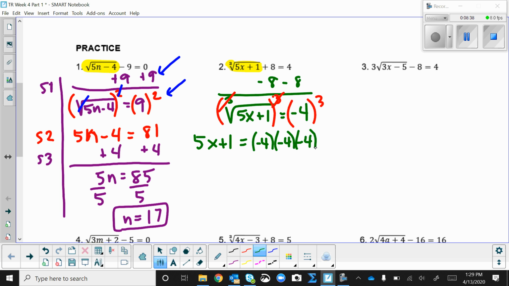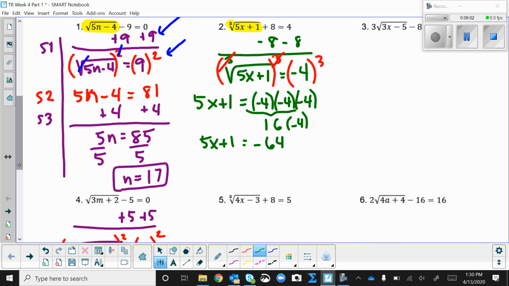Well, if you're following your order of operations, you do multiplication from left to right. So when you do this first set, this first 2, you get +16. Now times that last -4 gives me -64. So when you have a negative and you're cubing, you will still have a negative answer. That's okay.